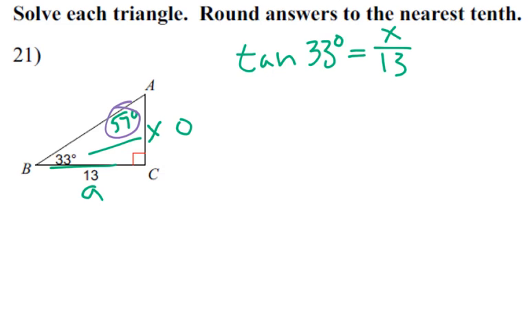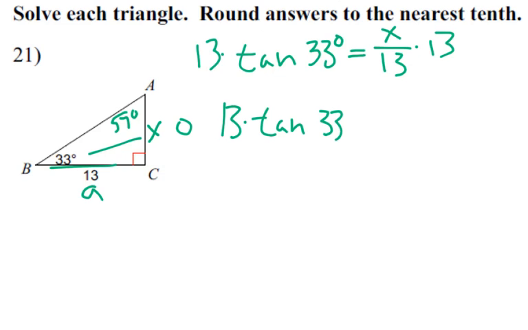Now, had I used 57, it would have been the tangent of 57 degrees equals the opposite over the adjacent, because I would have switched them, but I don't want to do that one. So I times both sides by 13, and I get 13 times the tangent of 33 degrees equals x. So 13 the tangent of 33, and that gives me 8.44, so 8.4. It's actually a longer decimal, but for this, I would just write 8.4.